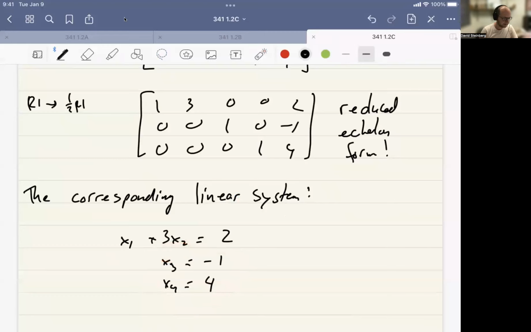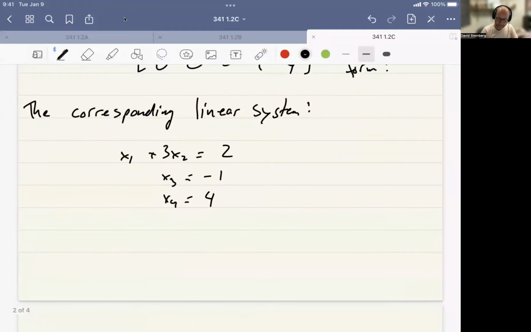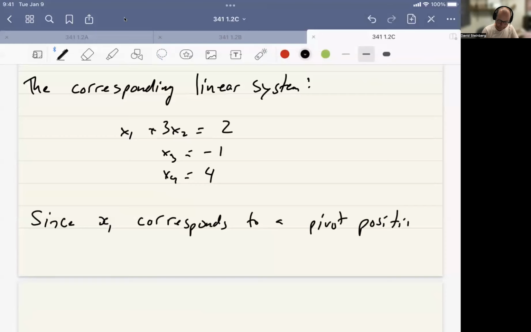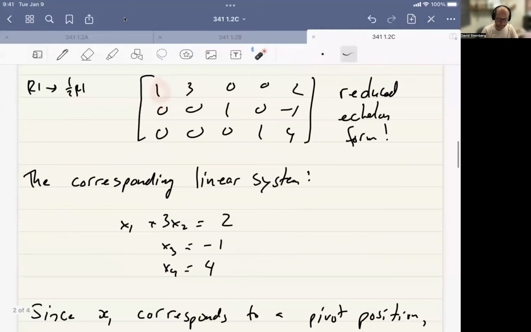So let's write some of this down. Since x1 corresponds to a pivot position, and what I mean is, this x1 comes from one of our pivots, and it corresponds to x1.